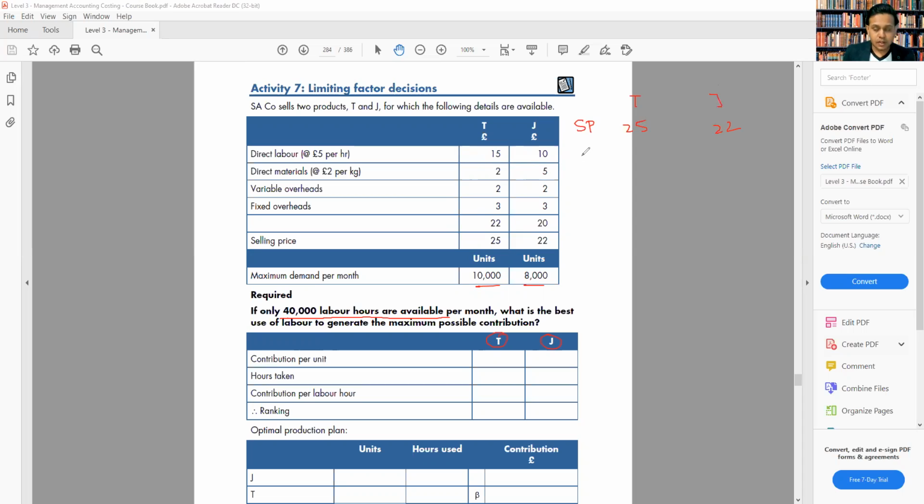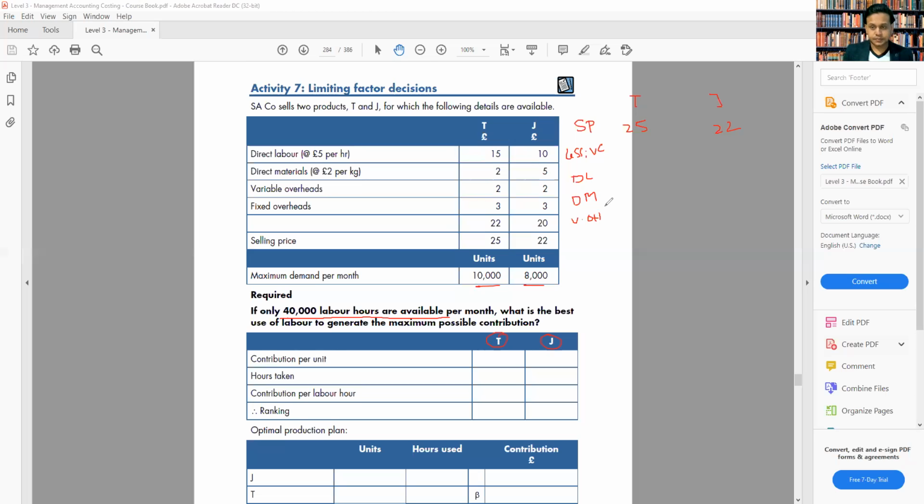From here we subtract all the variable costs. We have a direct labor, a direct material, and a variable overhead.